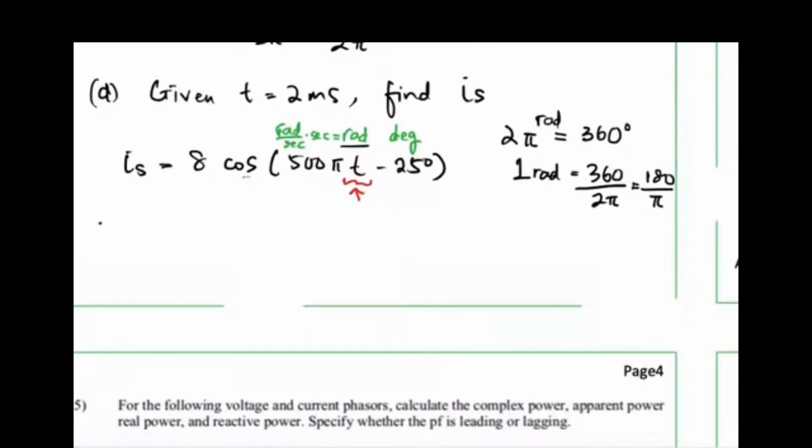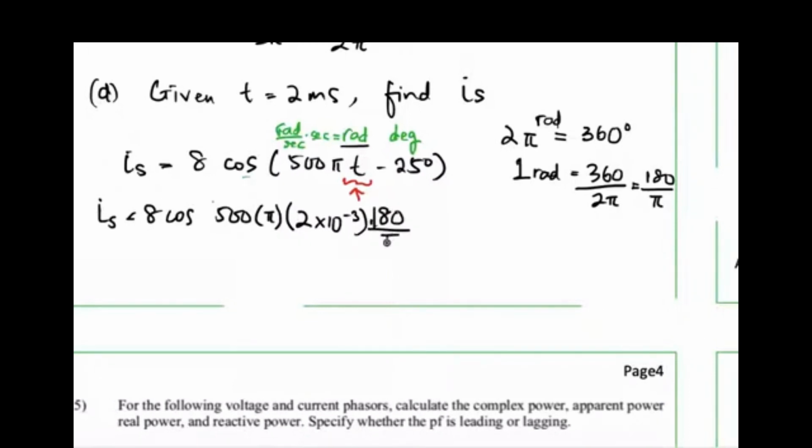So let's calculate this term. i equals 8 cosine(500 times pi times the time t of 2 milliseconds). Since this is in radian and I want to change it into degrees, I multiply this term by 180 over pi.